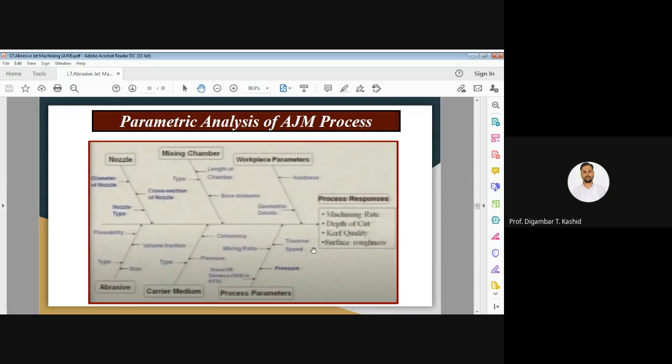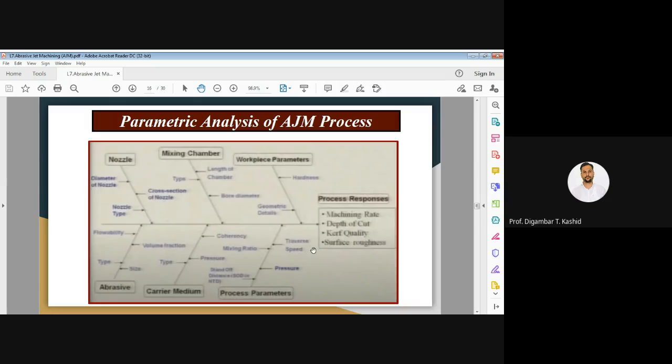If you talk about the pressure, it is the pressure with which the jet is coming out. This pressure will decide the velocity of your jet, which means it will decide your kinetic energy. That formula we know: one half m v squared. So pressure is also an important parameter. Then the mixing ratio will give you how much volume of abrasive is there in your abrasive air jet.